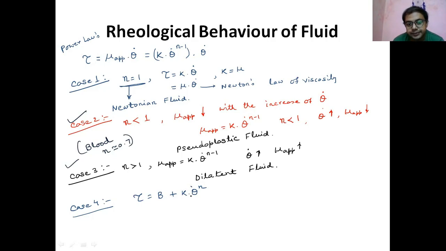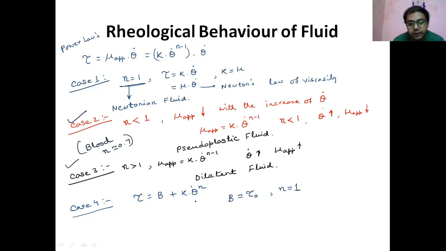In this case, what is happening? The B is some initial stress. Some fluids require some initial stress, and only then does the flow start. And n is equal to 1.